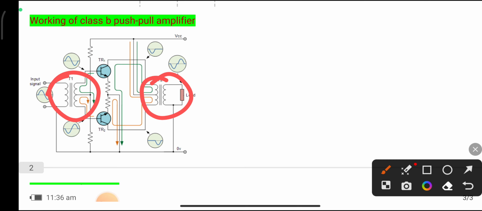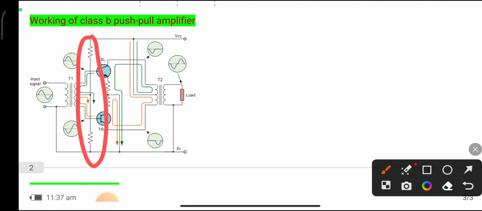Because of this transformer, the input is equally shared by the transistors TR1 and TR2. Next, here there are resistors, you can see. These resistors provide a suitable active region for the transistor. In the class B push pull amplifier, the quiescent point of the transistor lies in the cutoff region.